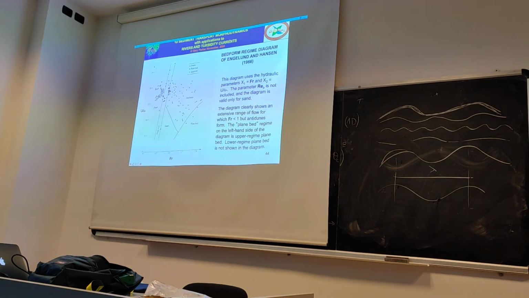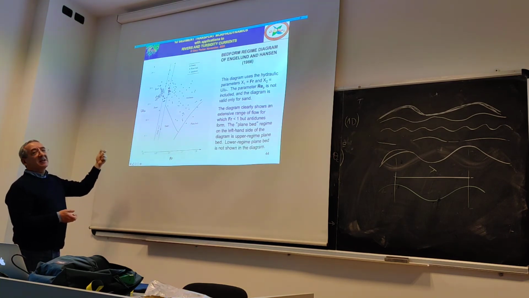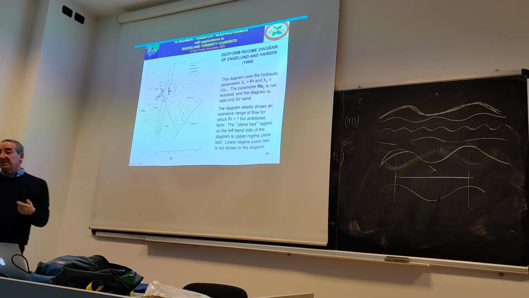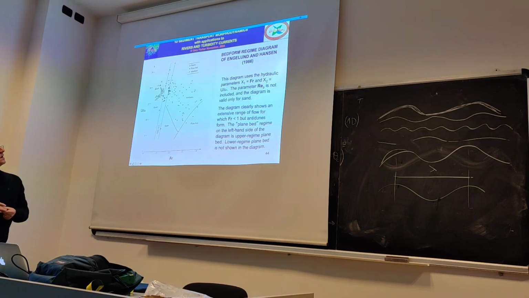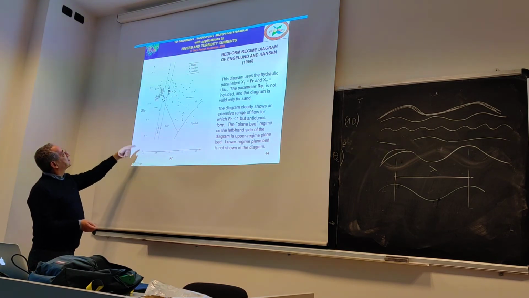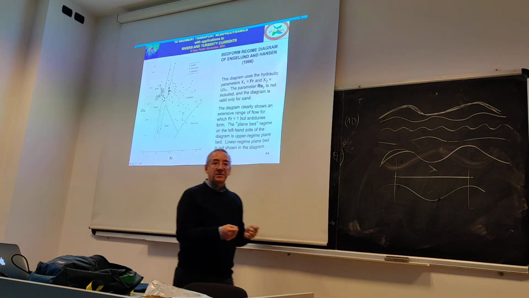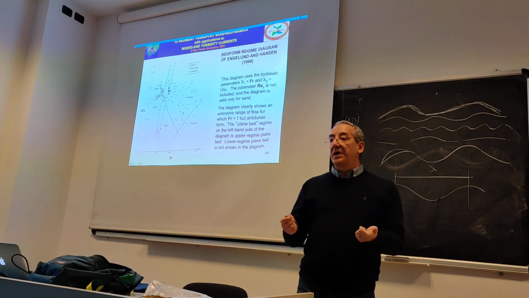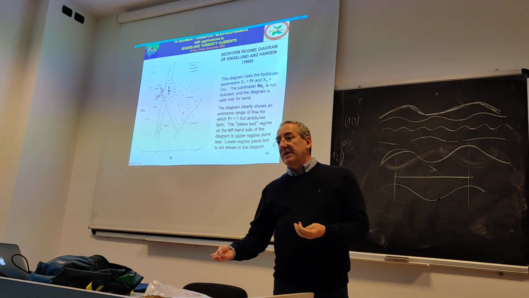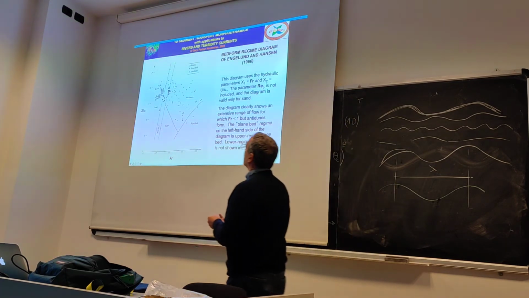So it's a conductance coefficient. In a sense, it's related to the roughness of the bed, in a very rough way. It describes the relationship between the bed shear stress and the flow velocity.